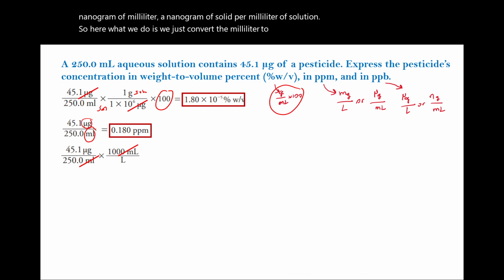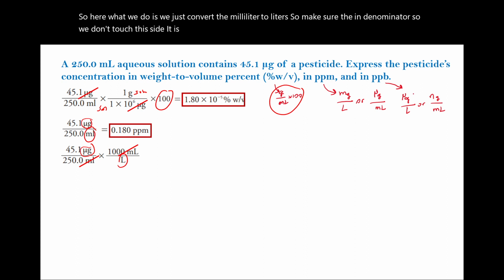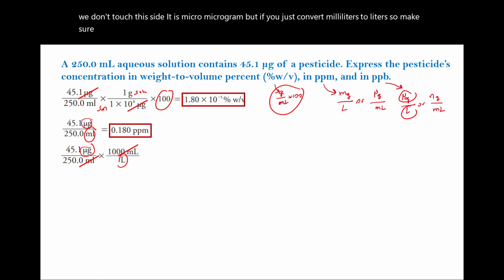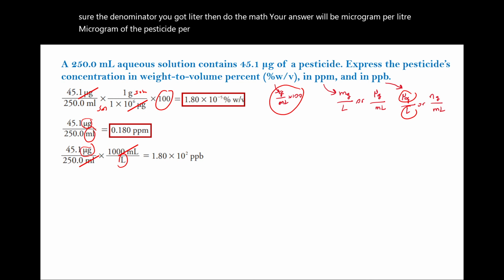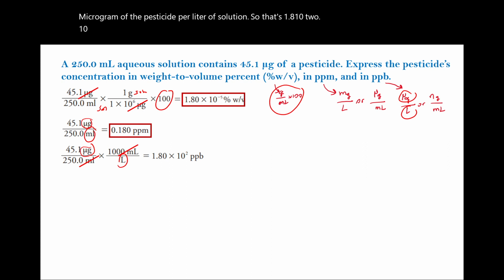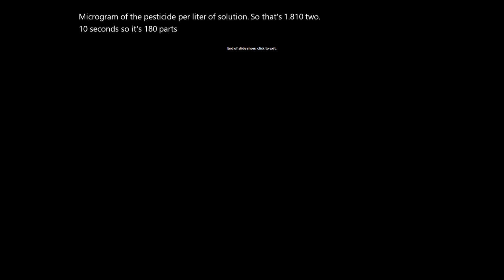Make sure in the denominator you have liters, then do the math, and your answer will be micrograms per liter, micrograms of the pesticide per liter of solution. So that's 1.8 times 10 to the second, so it's 180 parts per billion.